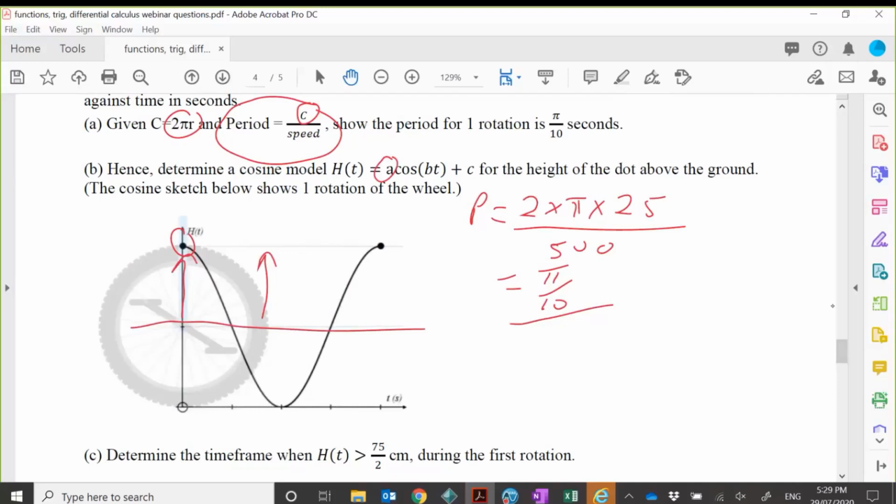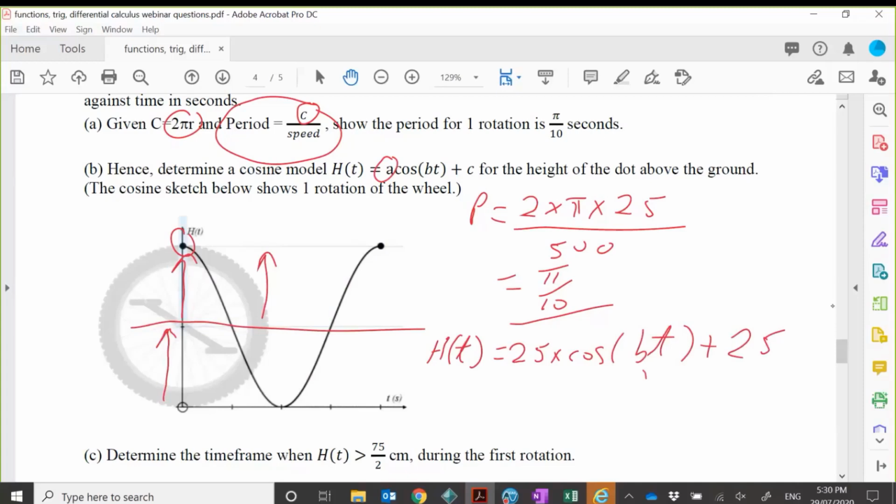So we can start writing down that h of t is going to be 25 times the cos of bt plus c. Now c is your vertical translation. You have shifted your cos graph up 25 centimetres.